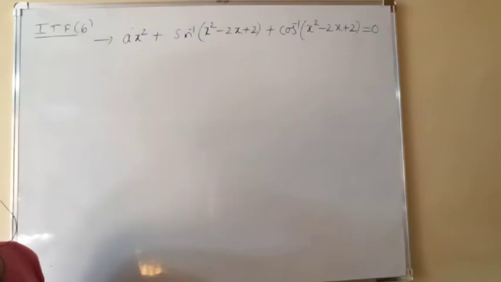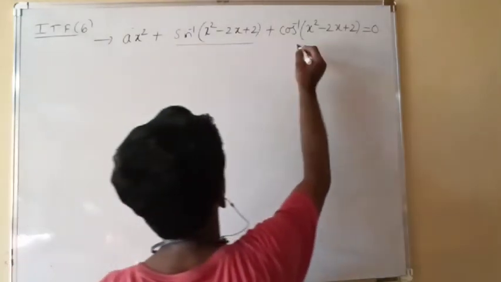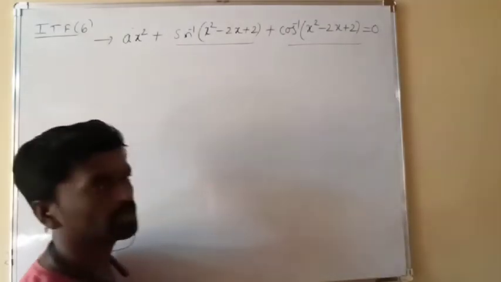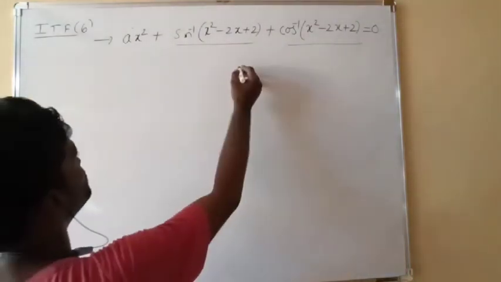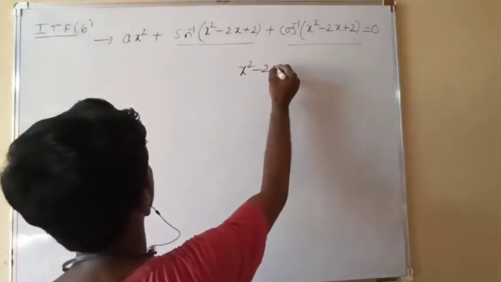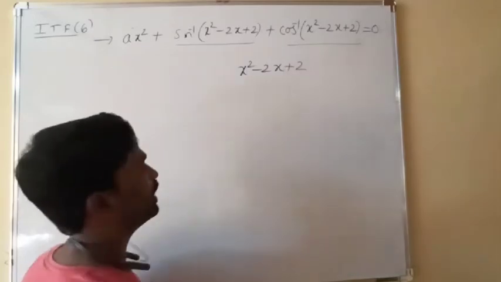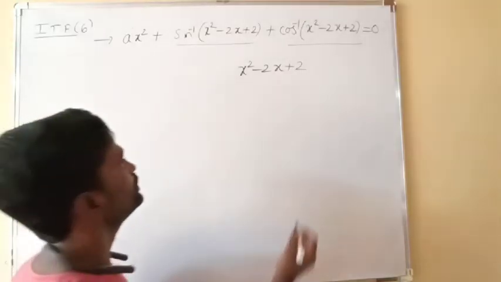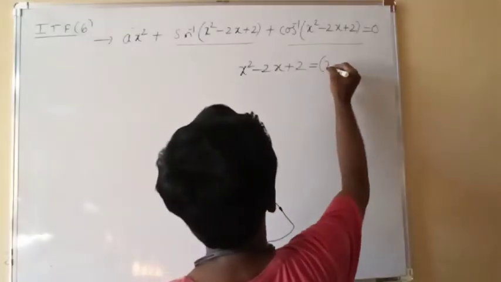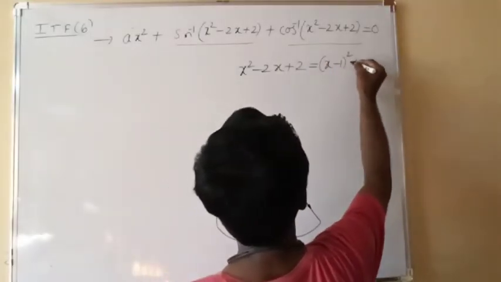It is in the form of sine inverse x plus cos inverse x only, so we can write it as pi by 2. And the condition is that x square minus 2x plus 2 should lie between -1 and +1. But if you observe carefully, this can be written as x minus 1 whole square plus 1. Am I correct?